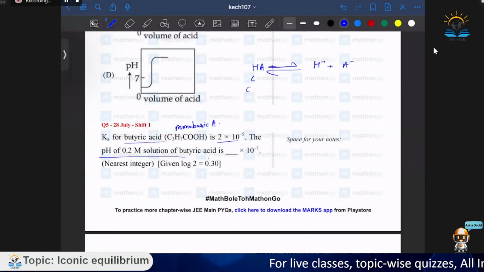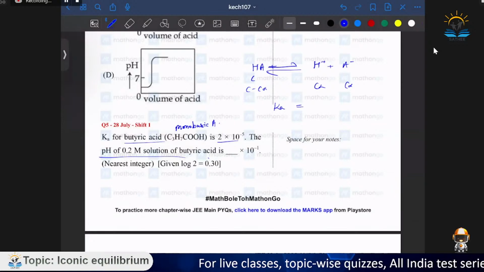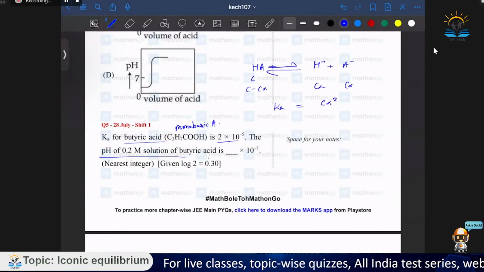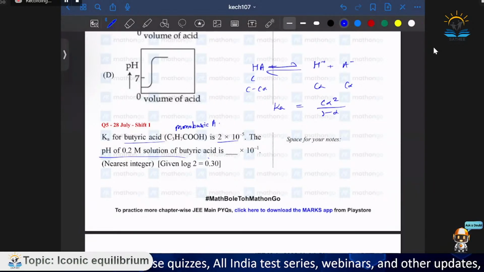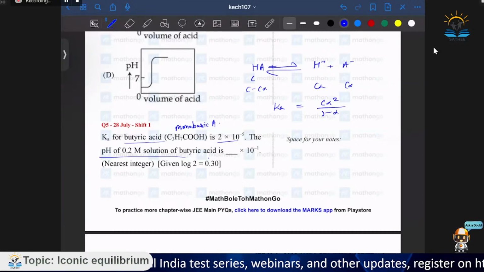This is C alpha, C alpha, C alpha. Ka is equal to C alpha square upon 1 minus alpha, assuming that degree of dissociation is alpha. Ka they have given already. Solution they have already given.